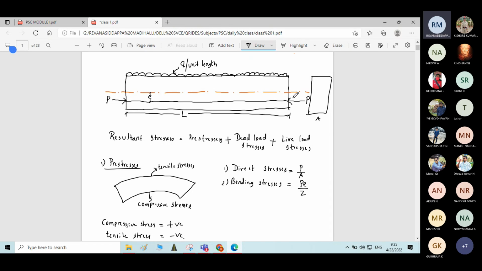Here you can see the prestressing force P is applied towards the beam. When it is applied towards the beam, it will cause compressive stress throughout the depth of the beam.